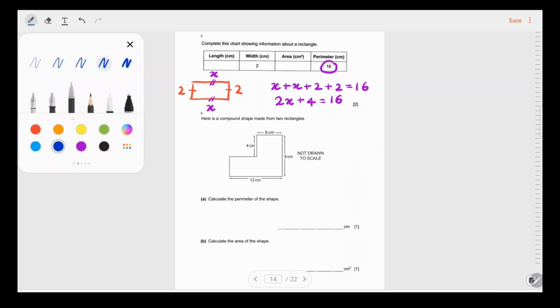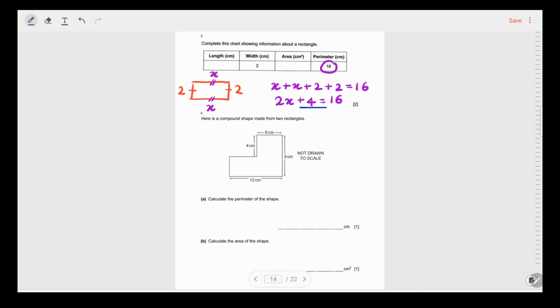And now in order to find x, first we need to get rid of plus 4 and put it to the other side. When we put plus 4 to the other side of the equal sign, it becomes minus, which means that we are left with 16 minus 4. And 16 minus 4 is equal to 12.